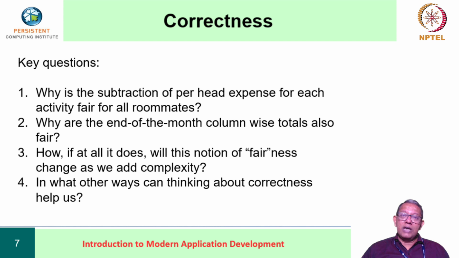But it's a good idea to have this thought in our mind as our complexity gets added. In what other ways can thinking about correctness be useful to us? There could be other questions, but for our purposes, these are key questions for us. Let's take them one by one.